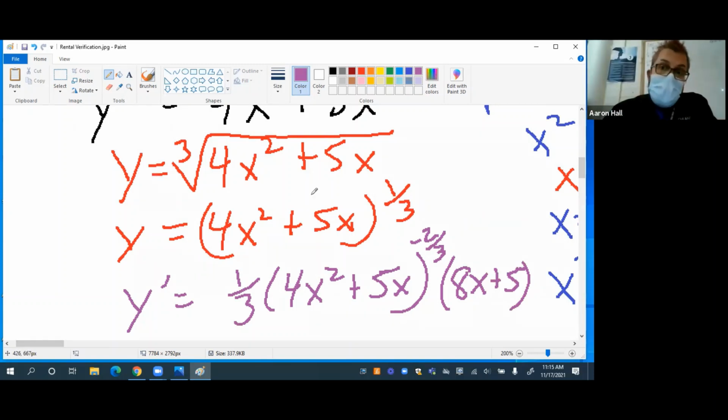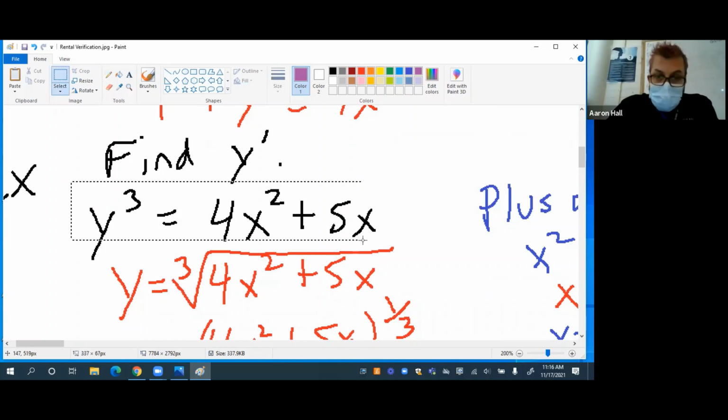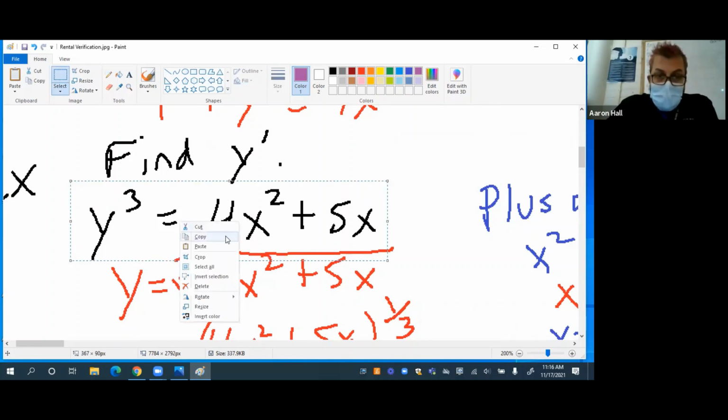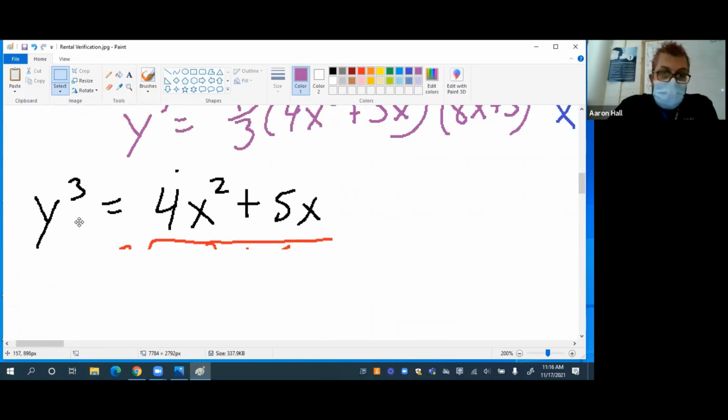Now I want to do this. The main idea today is solving implicitly. So I want to solve for this without solving for y first. I'm going to go back up here and copy the same problem. Now we're going to solve this implicitly.